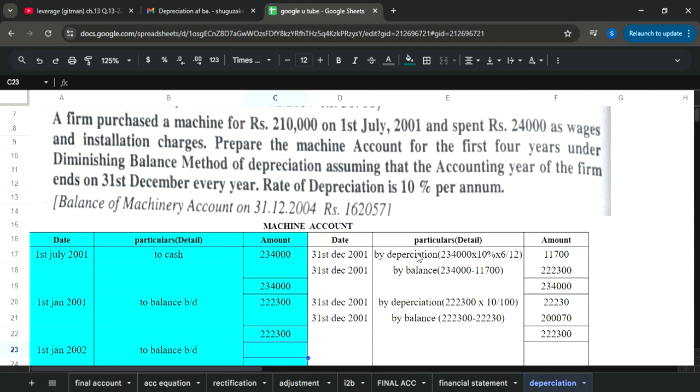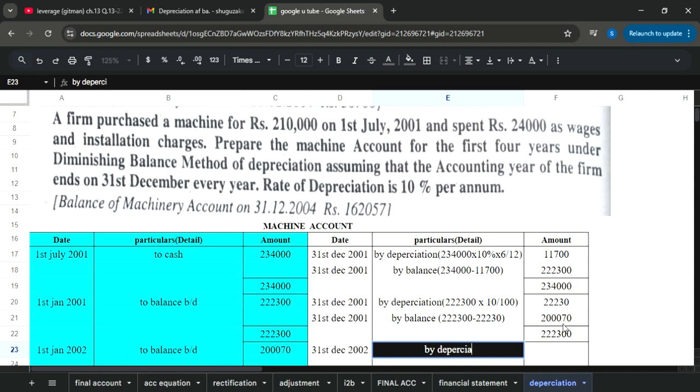The balance at last year was 2,000,070. Yes, and now you will be calculating your depreciation. Over here, the next year would start with 2002, and you will start calculating your depreciation.